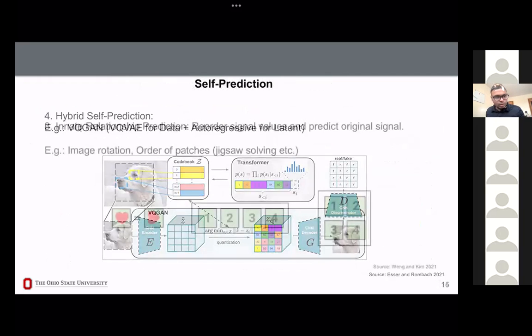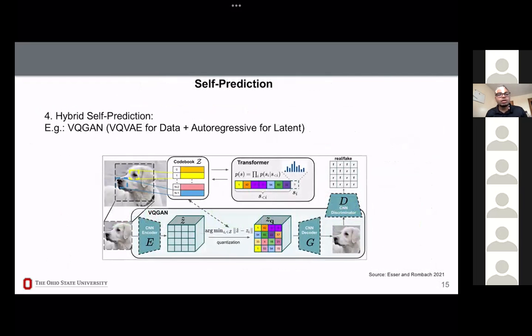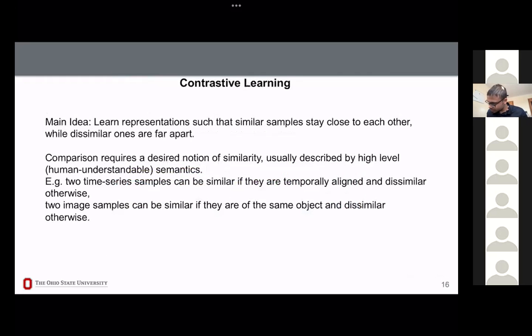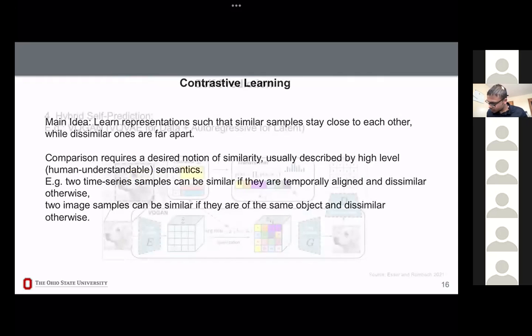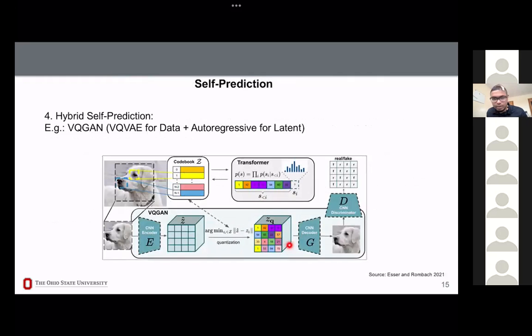So we talked about innate relationship prediction. The next and final one would be something more hybrid. This is an example of a possible hybrid approach: first using a VAE or a VQ-VAE, in this case a special type of variational autoencoder, to find a latent space, which is this ZQ, and then further modeling this latent space in an autoregressive fashion.